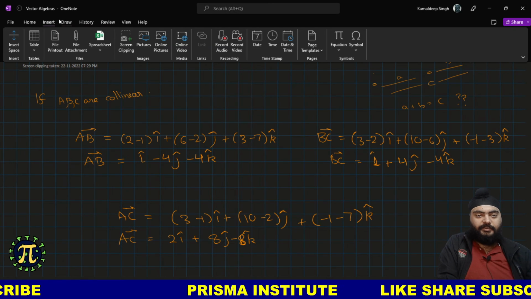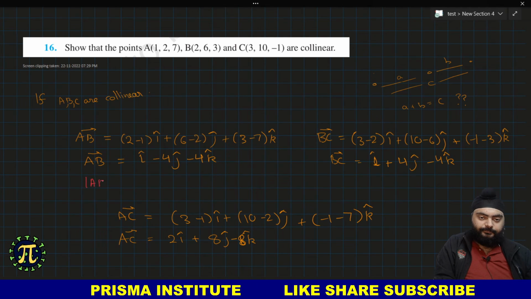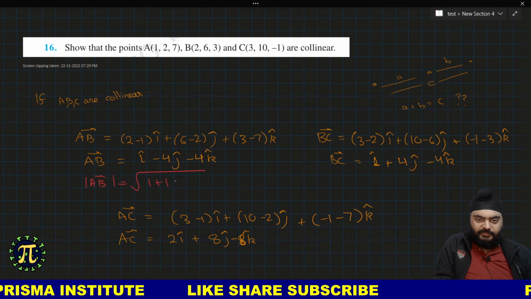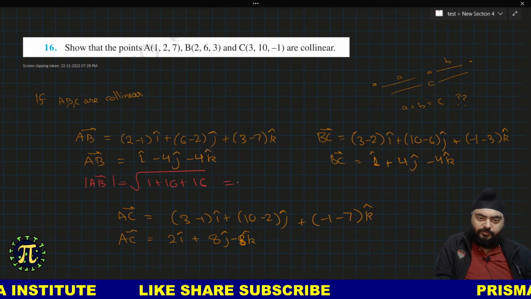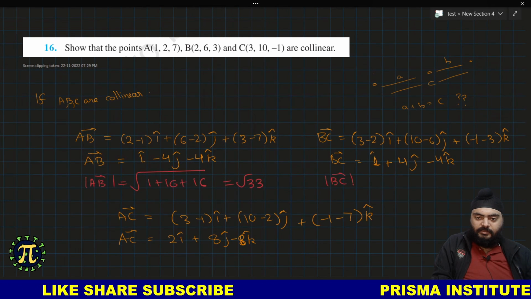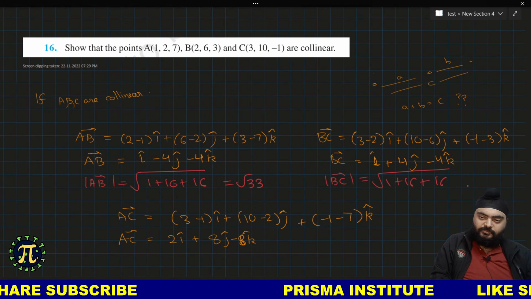And let's find the magnitudes now. Magnitude of AB is square root of 1 plus 16 plus 16, which is square root of 33. Magnitude of BC is square root of 1 plus 16 plus 16, which is square root of 33.